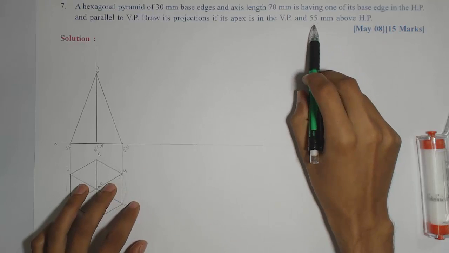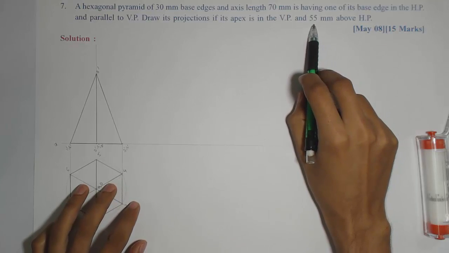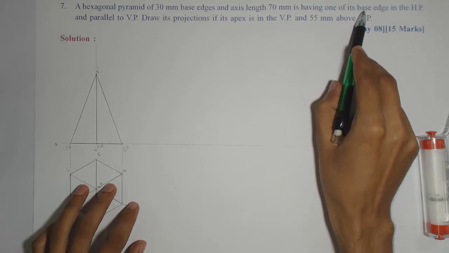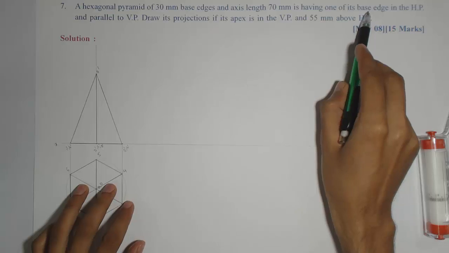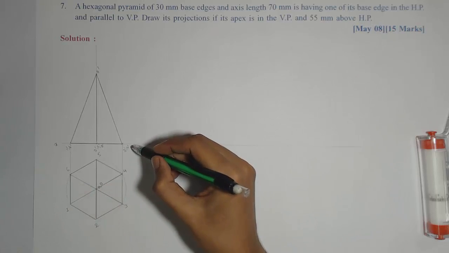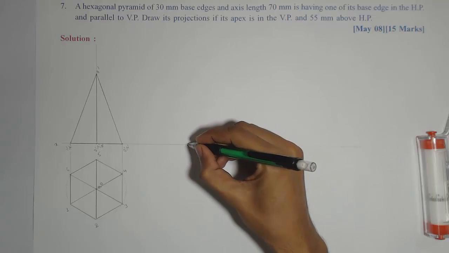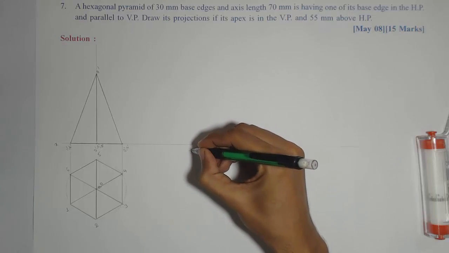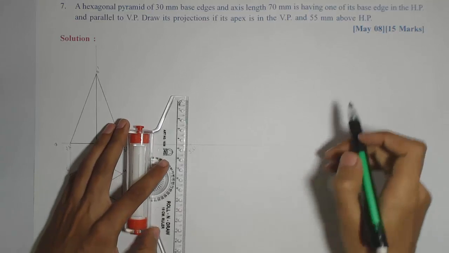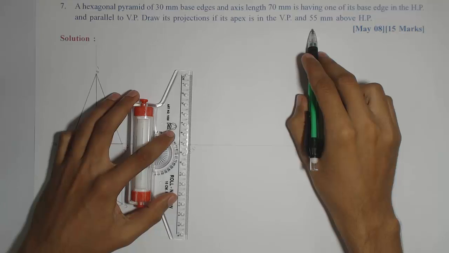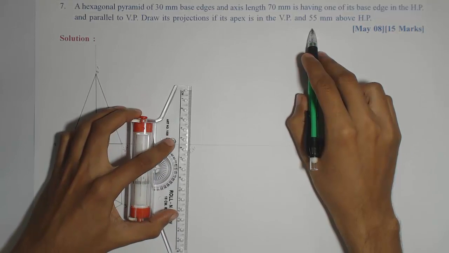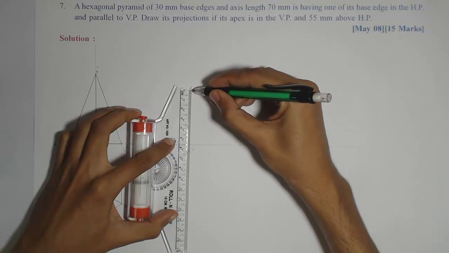But here we will use only the condition that the apex is 55 mm above the HP, and while doing this we should keep the base edge still in the HP. Here the reference base edge kept in HP is 3 dash, 4 dash. So I'll first fix the point 3 dash, 4 dash here for the second stage, and then we'll mark a height of 55 mm and draw a line parallel to XY on which we are going to get the apex.